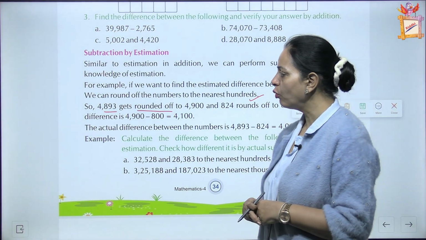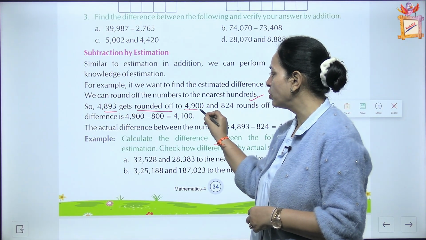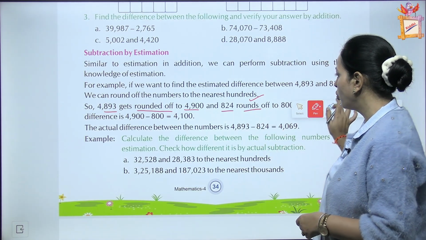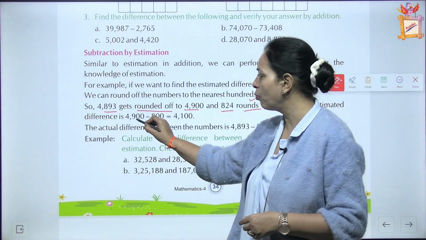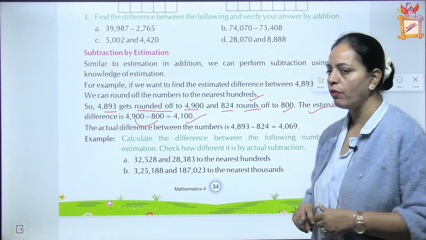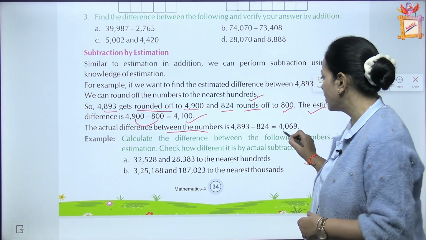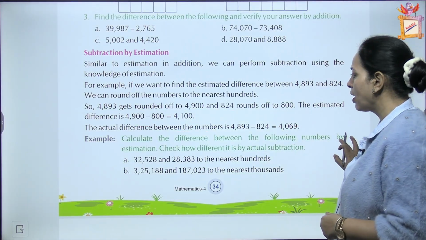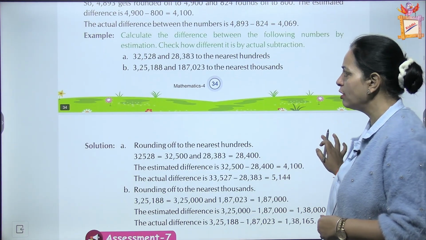See, this number 4,893 gets rounded off to 4,900 and 824 rounds off to 800. So what is the estimated difference? We subtract both, 4,100. Similarly, we can find the actual difference. So this is 4,069.